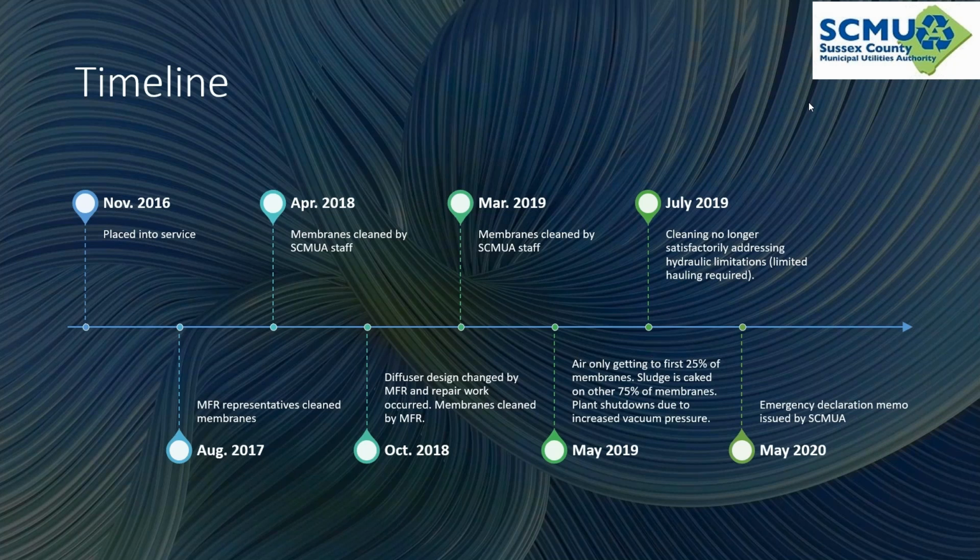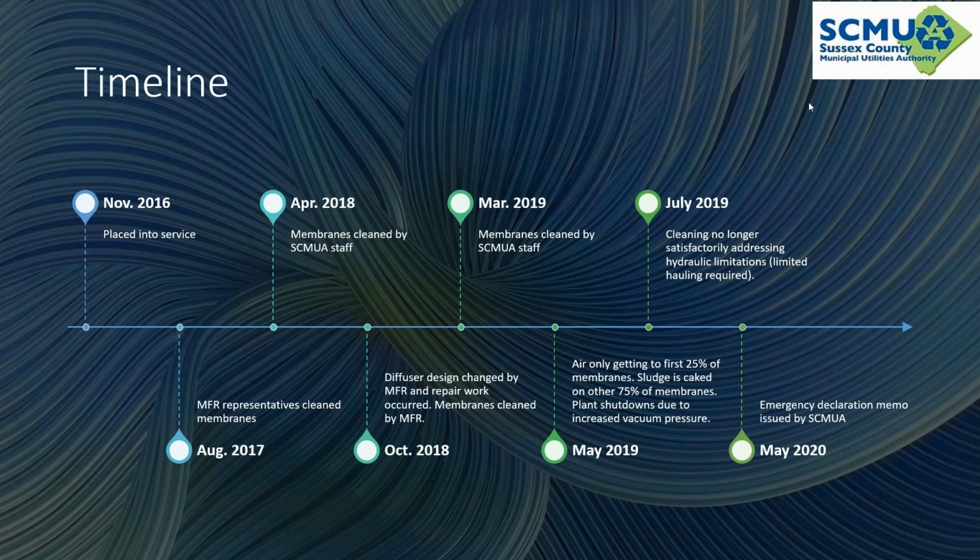This was done due to the emergency of the situation and the hauling that was required, because without that aeration, the vacuum pressure was increasing, which was causing plant shutdowns. The plant shutdowns would then lead to emergency hauling.